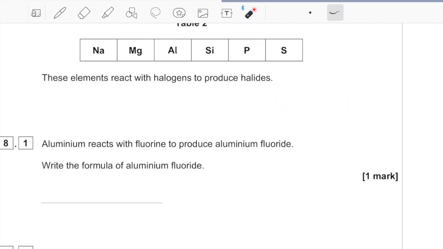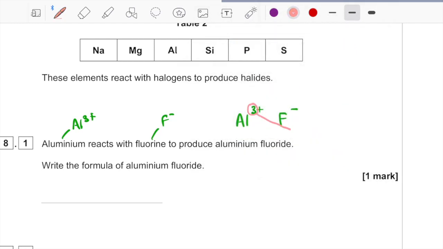So we go back. So I can say, well, look, I know that's going to be Al3+. And I know that this is going to be F- when they're ions. So if I do what I showed you earlier on in the video, this is like your little shortcut. You look at the number, you put it after the other ion, providing they're different.